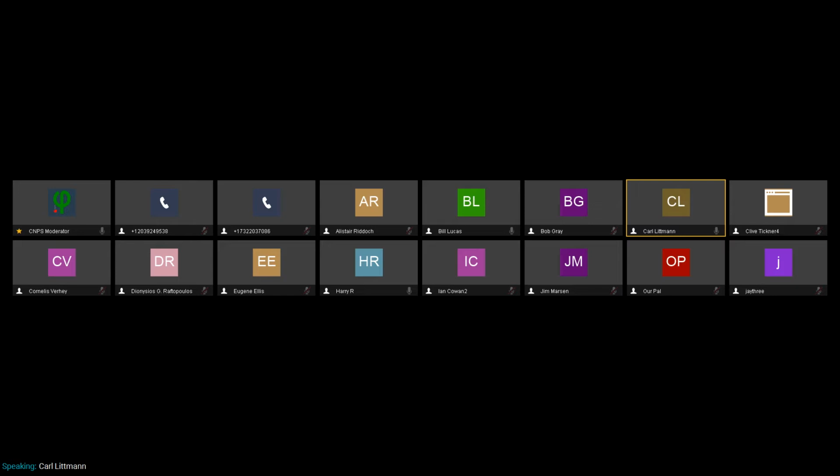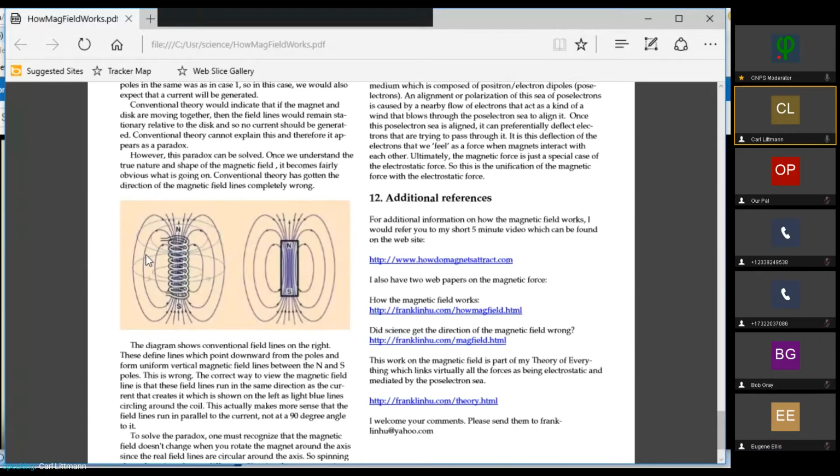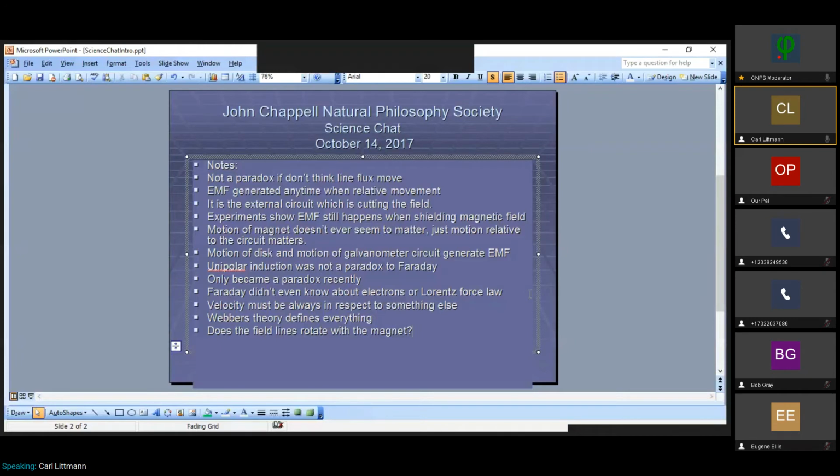Whenever you talk about a field, in many people's opinion, it is just a convenient abstract thing, and it seems to me you have to ask what is the nature of the real existence of a magnetic field in order to discuss whether it's cut by anything in the physical world.